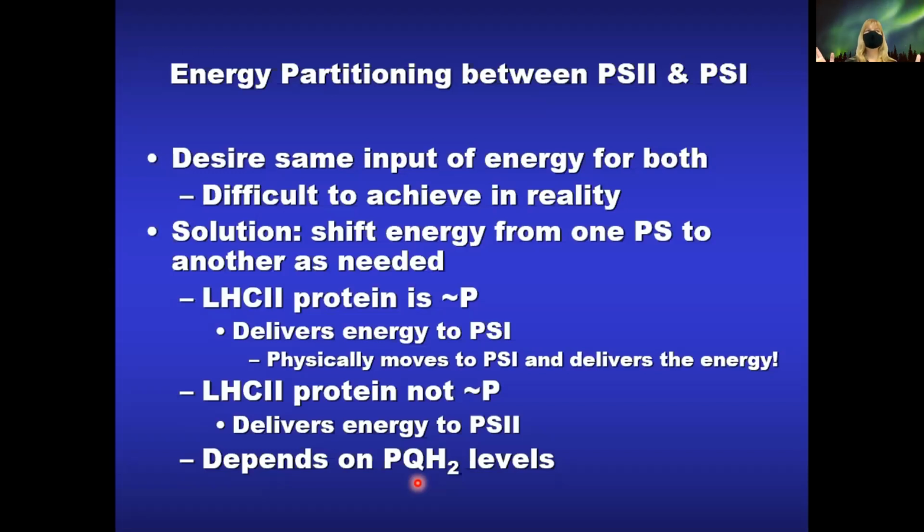If the levels of PQH2 start to get high, if PQH2 starts to build up, what that's saying is somewhere down the line, there's something wrong. PQH2 can't do its job of donating off an electron. And so PQH2 is building up, and he's probably yelling down, hey, Bob, pick up the slack, let's go here.